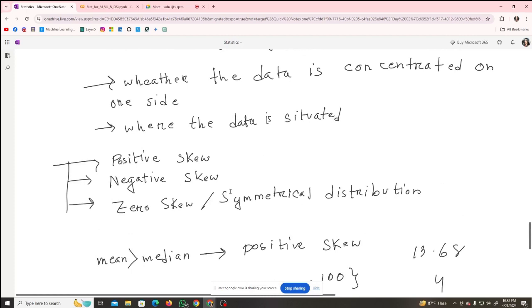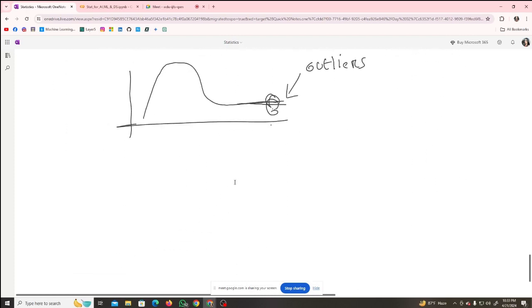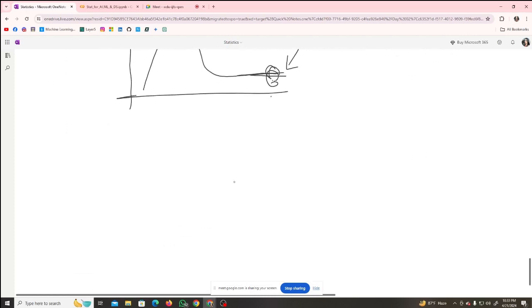And then we have negative skew. In negative skew, the mean will be smaller than the median.